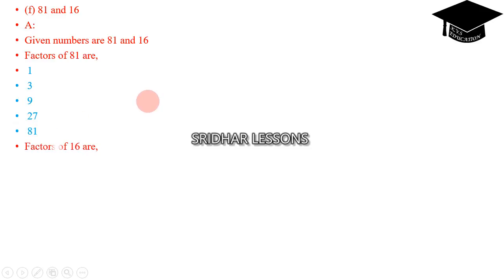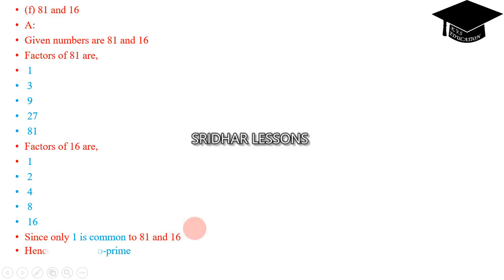Now we will see the factors of 16: 1, 2, 4, 8 and 16. If you can observe, only 1 is the common factor for these two. Okay? Only 1 is the common number to 81 and 16. So they are coprime.